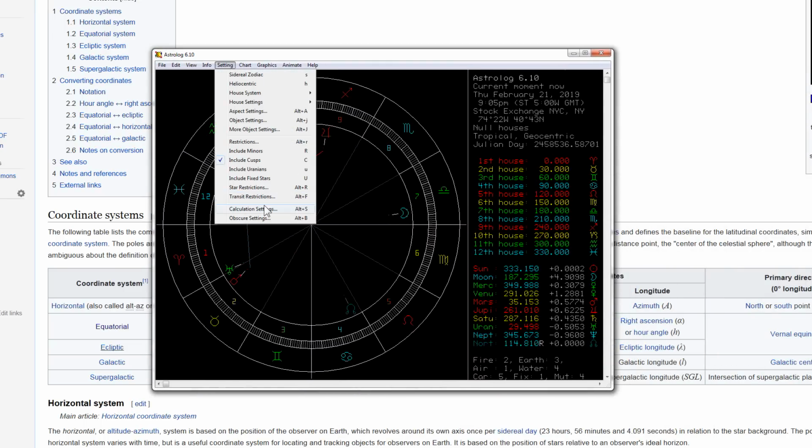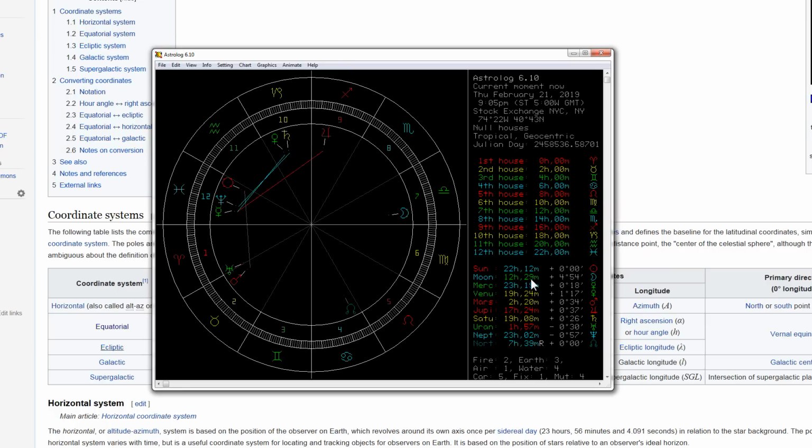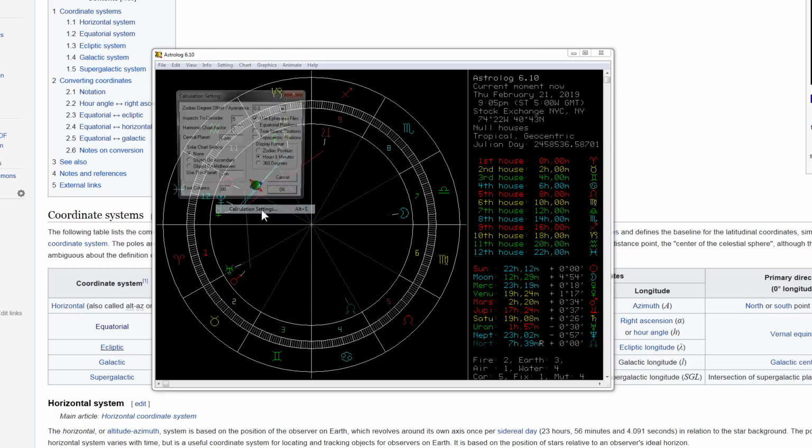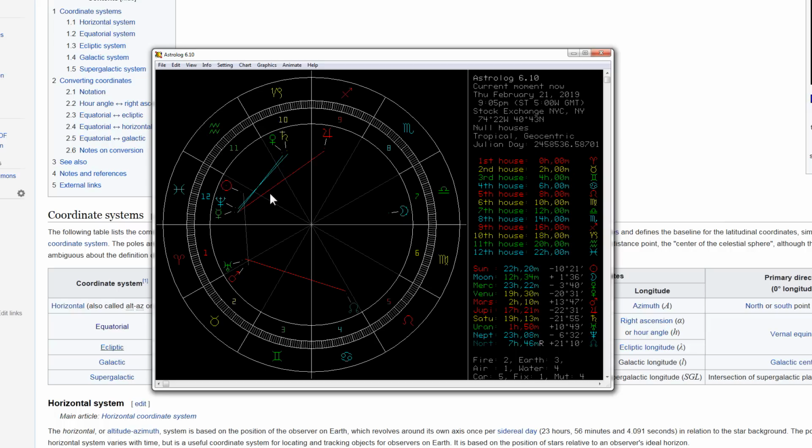You can go into settings, go to calculation settings, and instead of the 360 degrees I have it set on here, where we see 0 degrees at the beginning of Aries and the 360th degree right there also, we go to the hours and minutes setting. We also have to go to calculation settings and click on equatorial position, so that changes the coordinate system, and it gives us ever so slightly different positions for the planets, because we're looking from the Earth's equator plane that goes out into space.